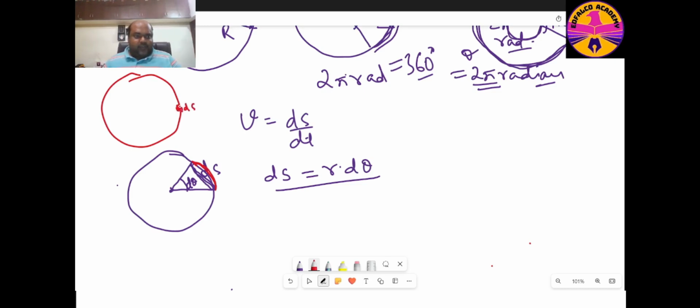But if you want to take the actual arc on the periphery of the circle, the length basically becomes the same. So the ds length is nothing but the length of this arc itself when theta is very small. That's why we are approximating that this particular arc length is nothing but r d theta. So let's call that ds itself is equal to r d theta.